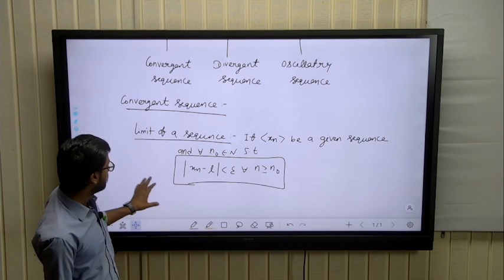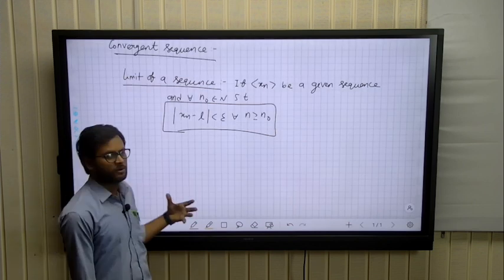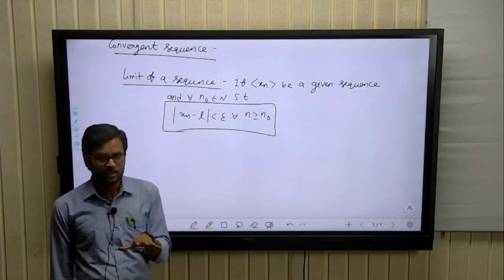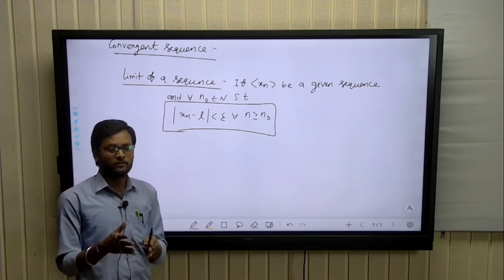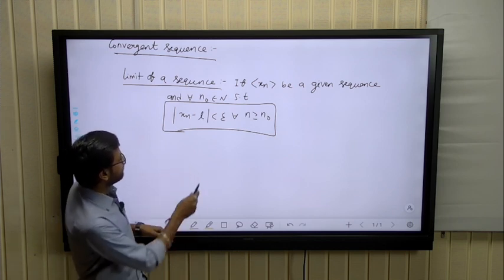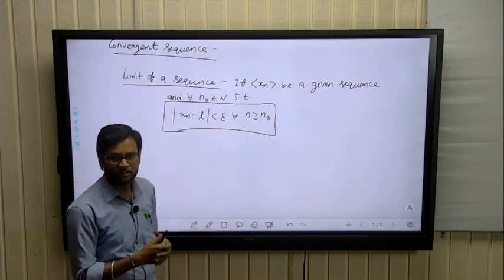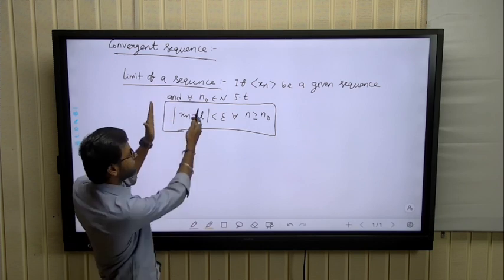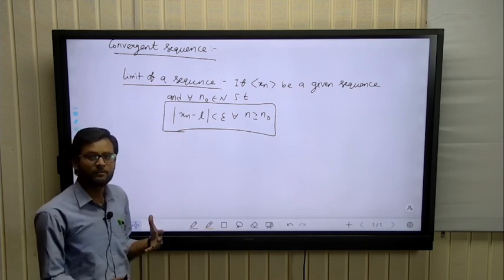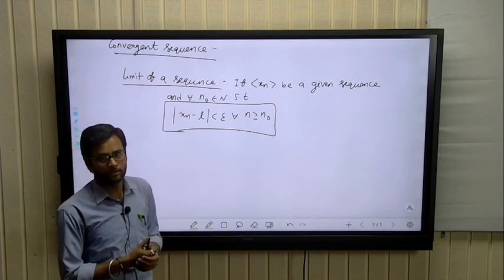Okay, now we have discussed the mathematical definition, but it is not easy for every student to understand. Suppose a student is from an arts background, then he doesn't know about epsilon, n naught, or the mod function. So now we study the geometrical meaning of the limit of a sequence.